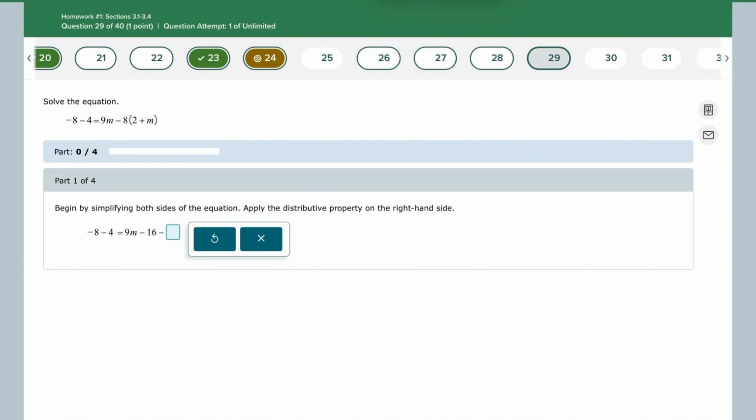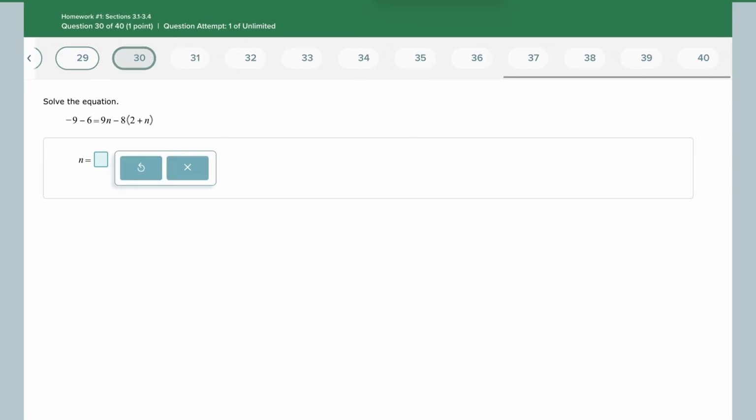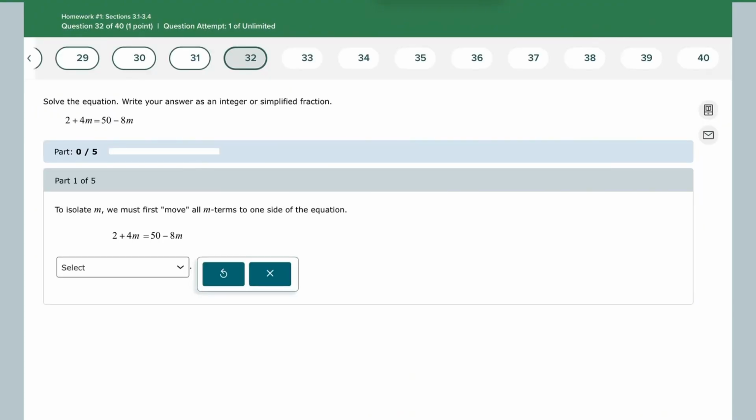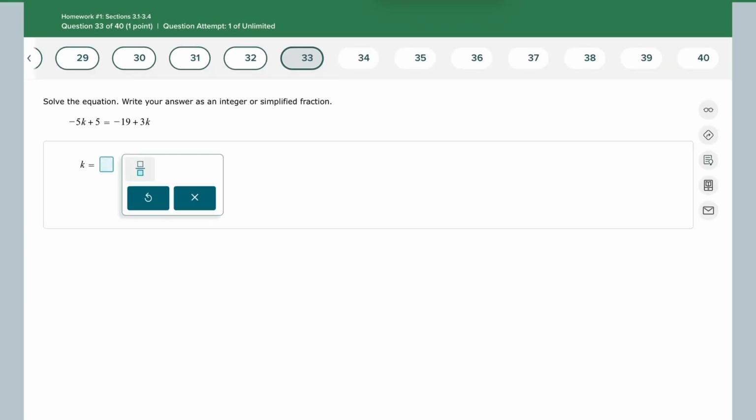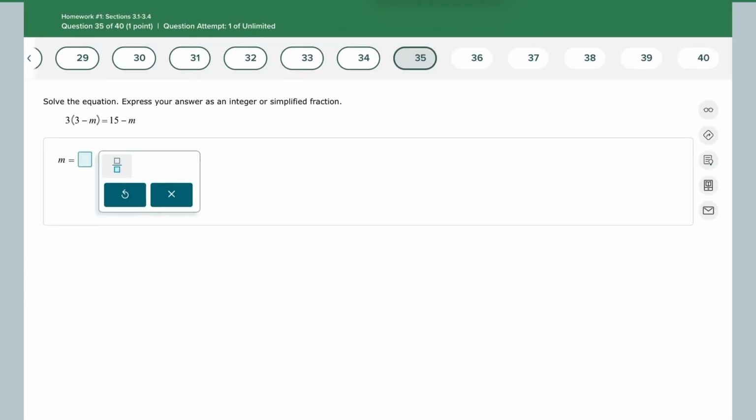Okay, so use that to your advantage. Same thing here, combine like terms, solve for M. Same thing here. Same type of problem. They're pretty much the same type of problem, just little different variations.